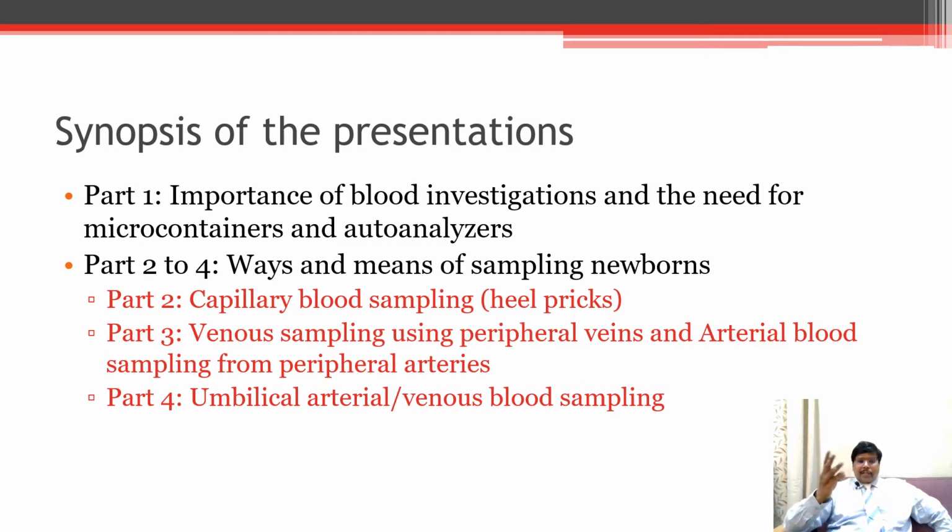In extremely immature babies where access is an issue, and for conserving the veins and arteries, central venous access is used; the easiest access is the umbilical vein and umbilical artery, which can be used for sampling. For now, in this part one, I will tell you the importance of blood investigations and the need for microcontainers and autoanalysis. There will be demonstrative, educative videos of them.